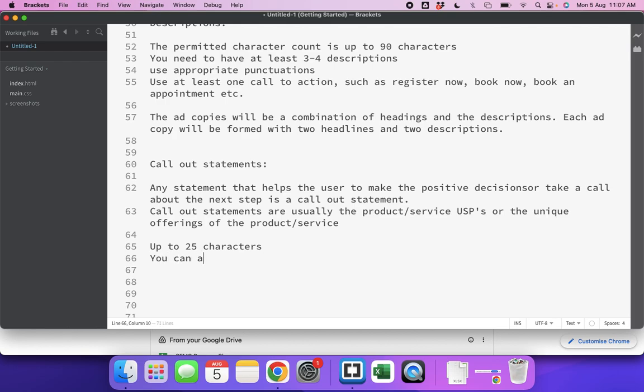You can add multiple call out statements.